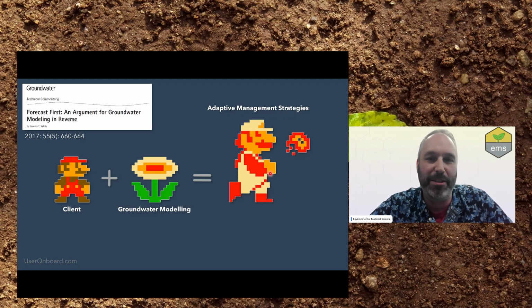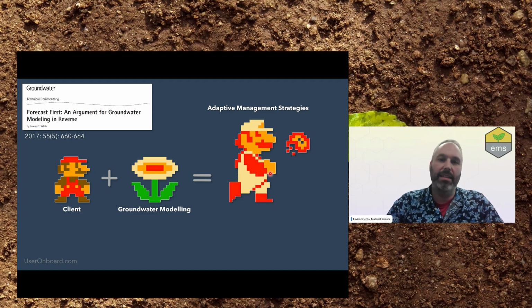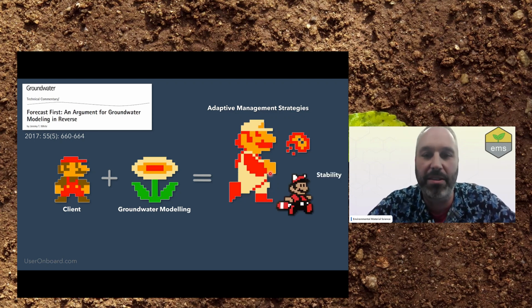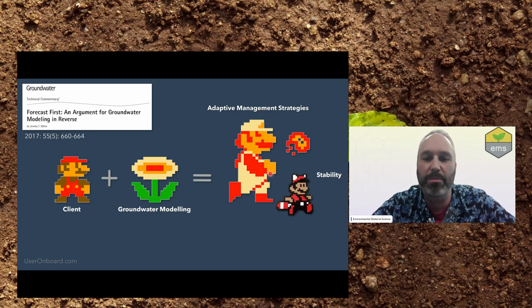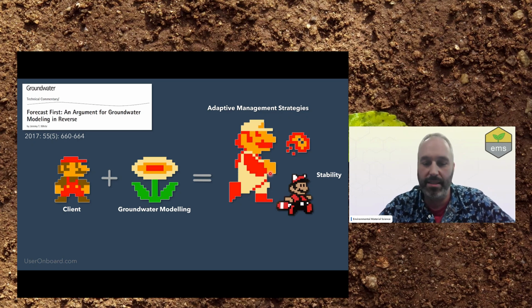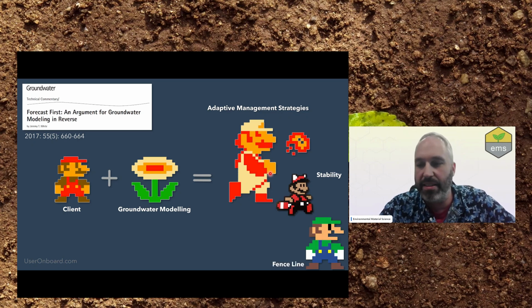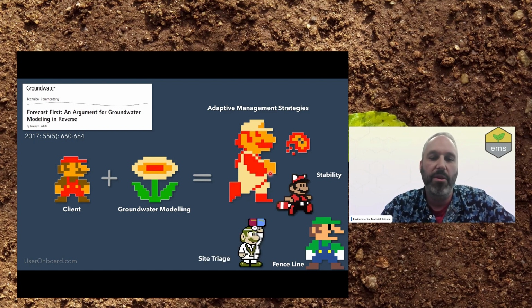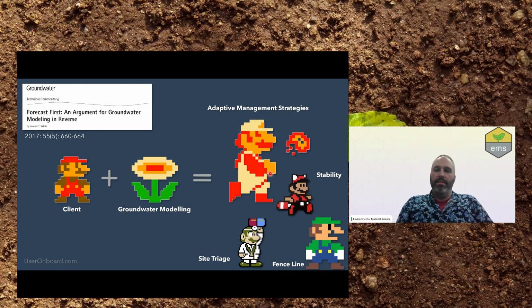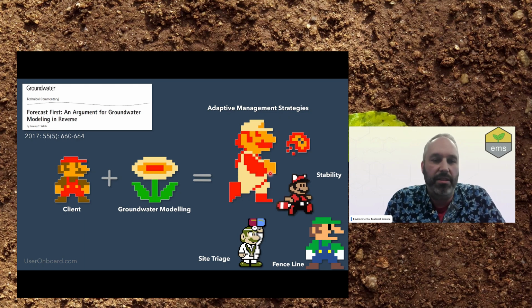Jeremy argues that this is a little bit backwards, that depending on the needs, you should really have these upfront conversations: what's the most important metric at the site? Is it stability? Is it fence lines, so the arrival of the plume, if it's mobile, at some critical receptor? Or do we have multiple sites that we want to triage, to send consultants out to sample?